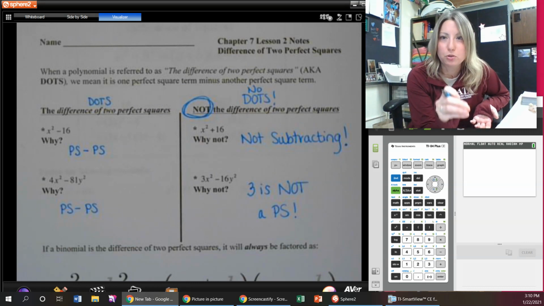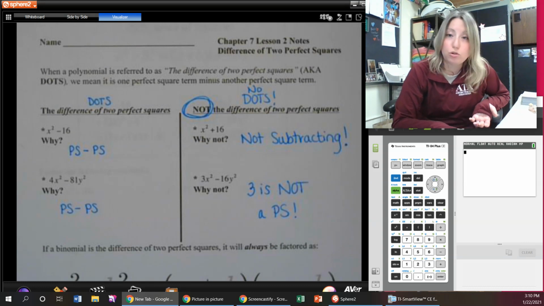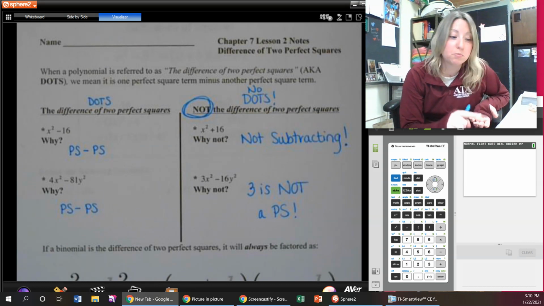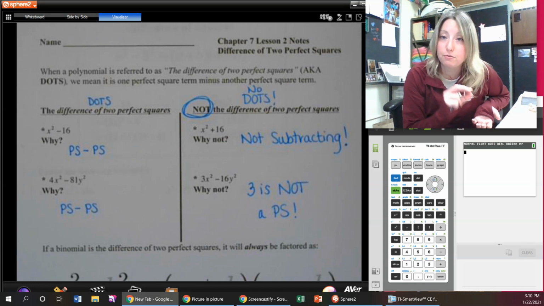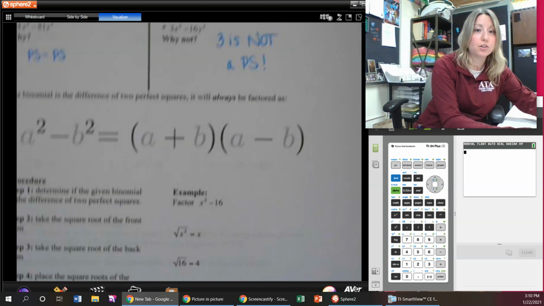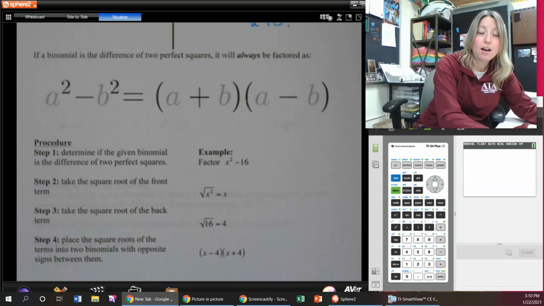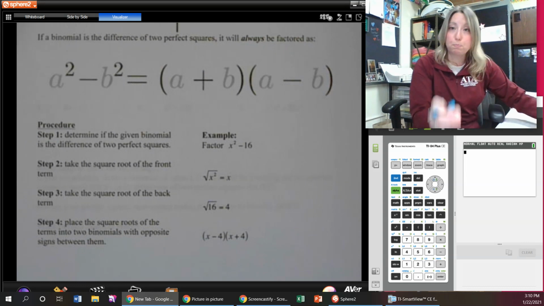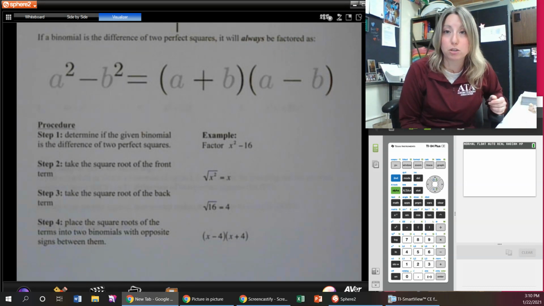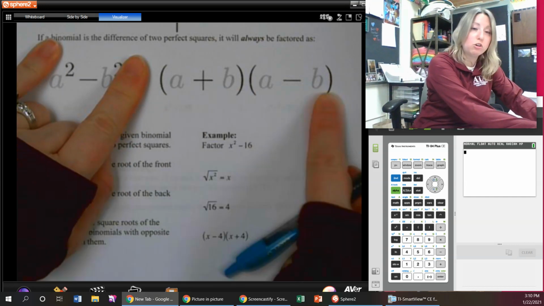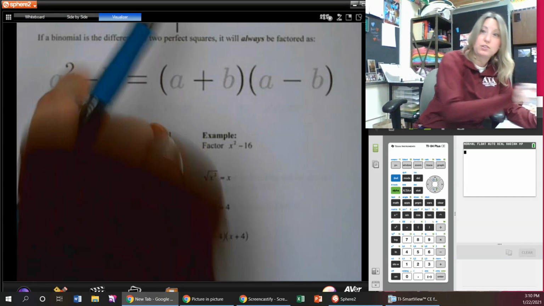Difference of two perfect squares, if you have two terms that are both perfect squares, that are not like terms, that are being subtracted, it always factors the same way. I mentioned it in chapter 6 when we were looking at special case binomial multiplication. This is special case binomial multiplication backwards.